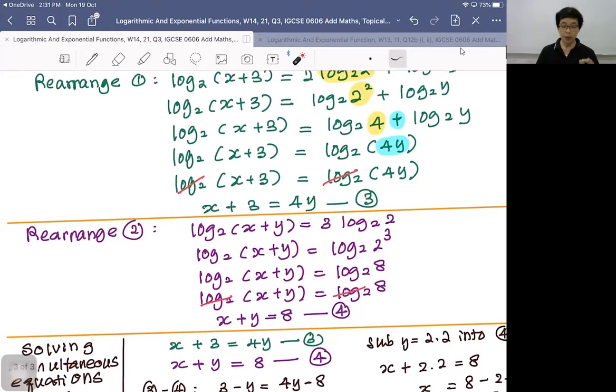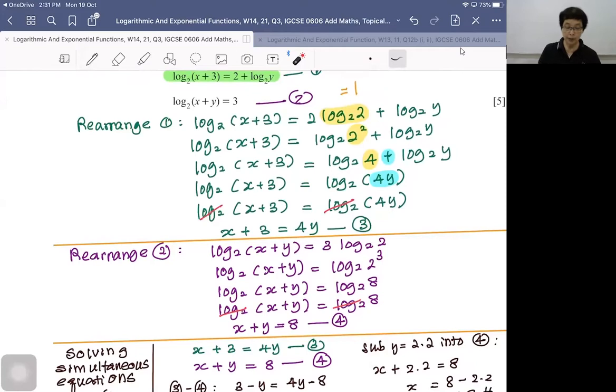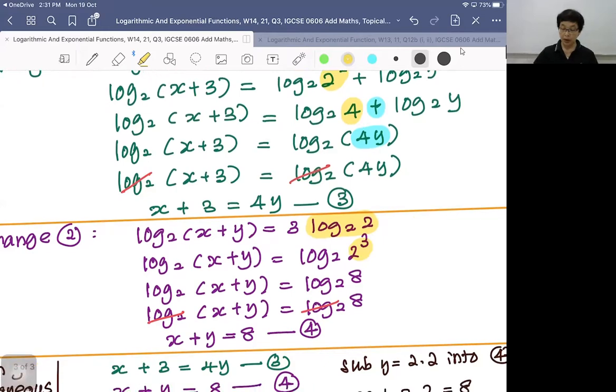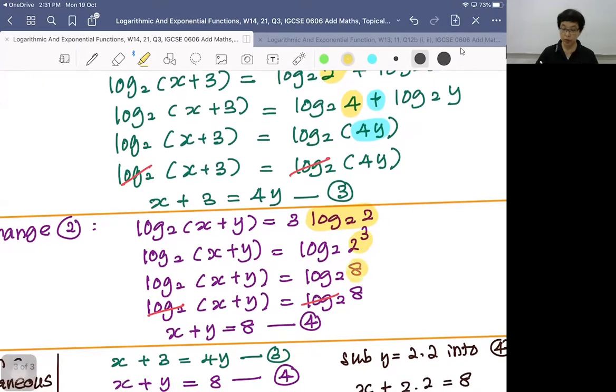We do pretty much exactly the same idea as you see here. From the constant of 3, we multiply by 1, represented by log base 2 of 2. Then we reverse the power law: the 3 we bring to the front to form 2 to the power 3, and 2 to the power 3 gives 8.